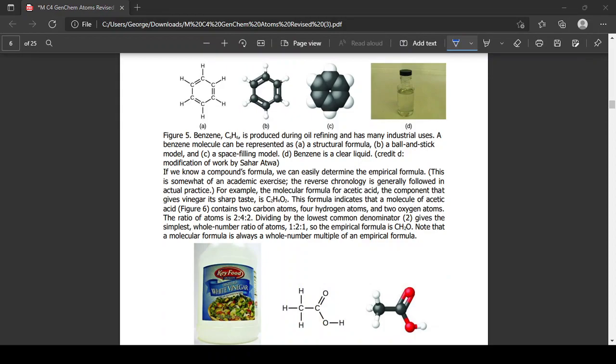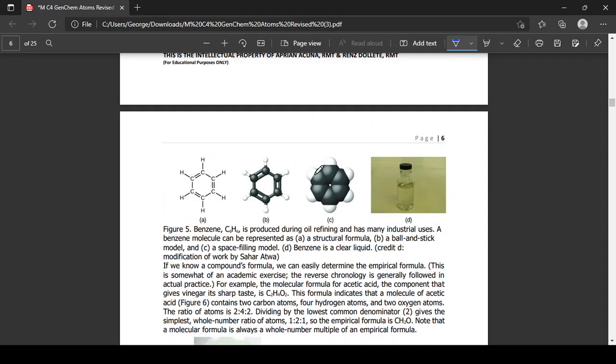Look at your figure 5.5, kids. Benzene C6H6 naton is represented by different formulas ranging from your structural formula, ball and stick model, space filling model, and a benzene as a clear liquid ang ginagamit natin physically.